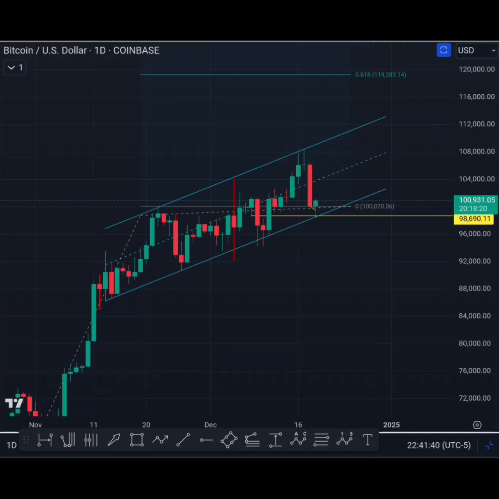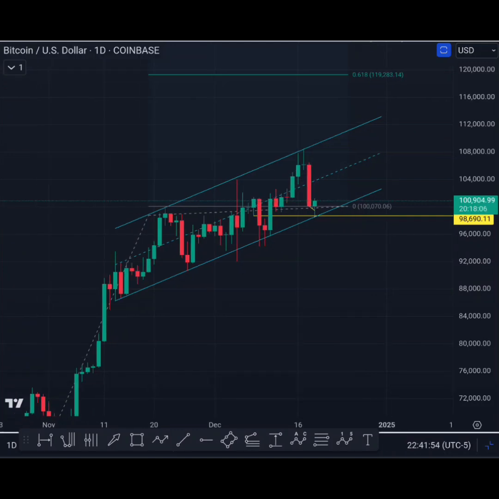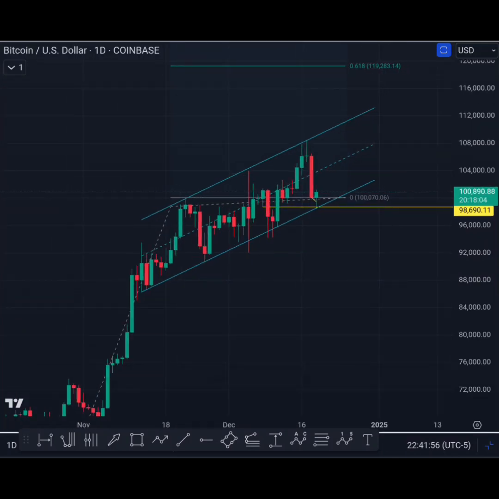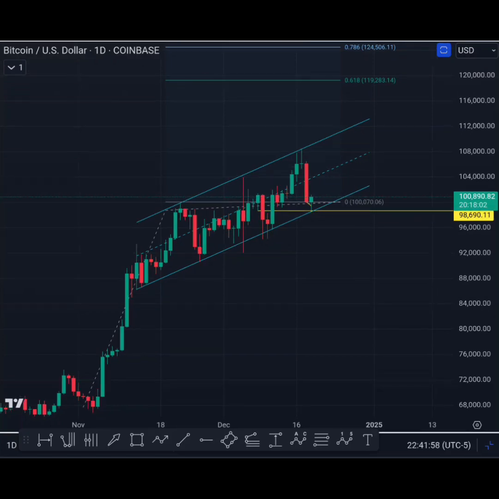So we will see. But also something to consider is at the bottom of the market back in 2022, the S&P 500 bottomed in October, whereas Bitcoin bottomed in November. So if you have a peak happening in December for the S&P 500, you may have another month that you can run on Bitcoin.